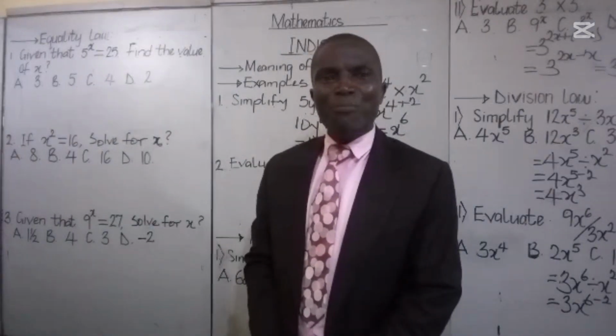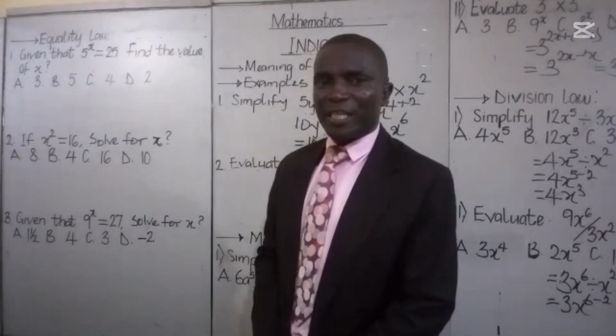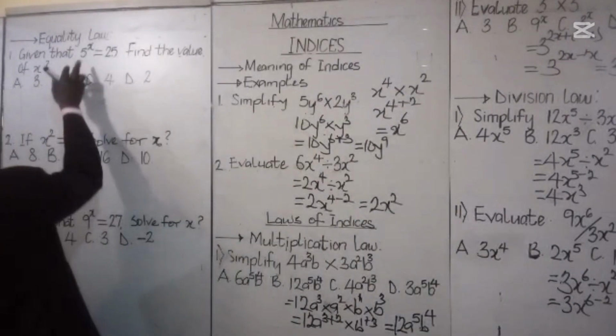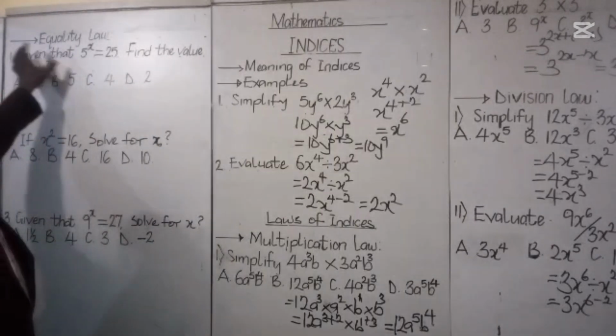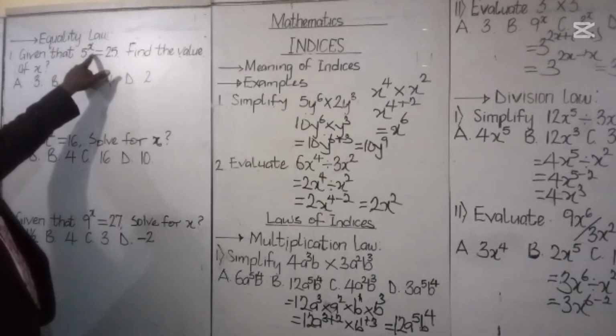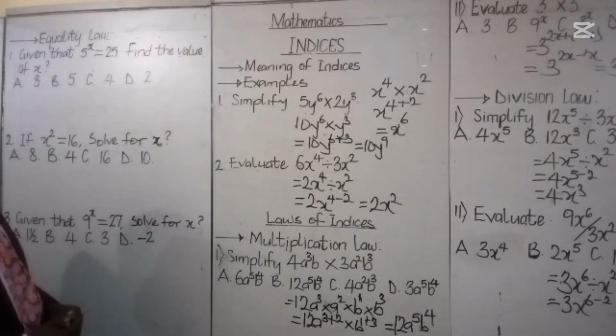The power or base that is so formed can cancel out each other. Now let us look at an example of that. In example 1, the question says, given that 5 raised to power x is equal to 25, find the value of x.